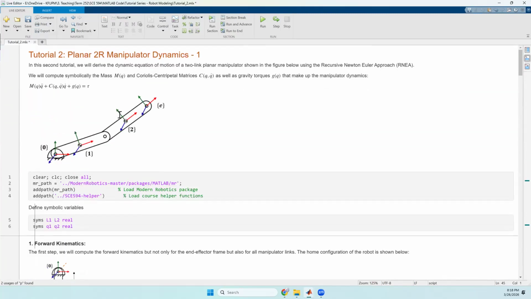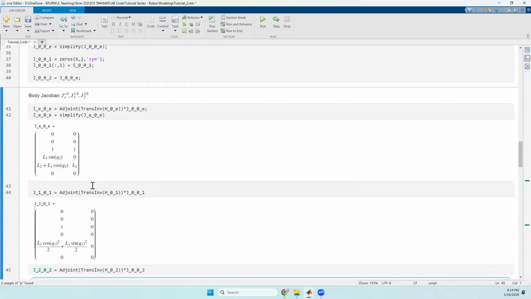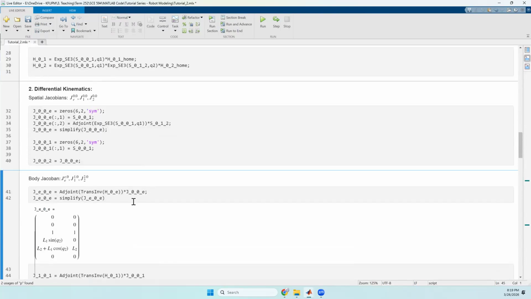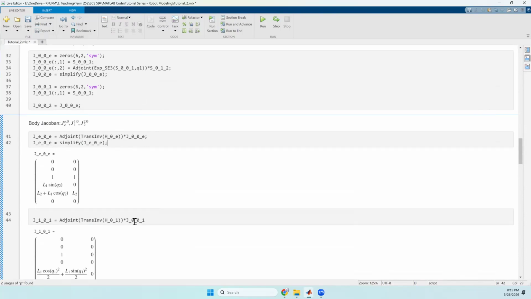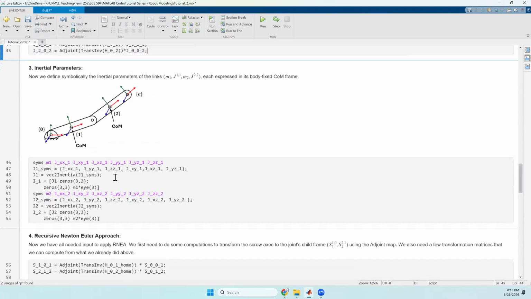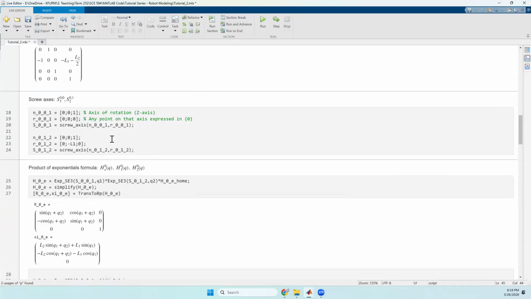In the spatial frame, they are both the same. However, the twist of link number 2 expressed in the 2 frame will be different from expressed in the E frame. Even though they're both attached to the same body, you get different numbers if you express in different frames. Thus, they look different. We're going to be using these expressions later on. So that's it for the kinematics.